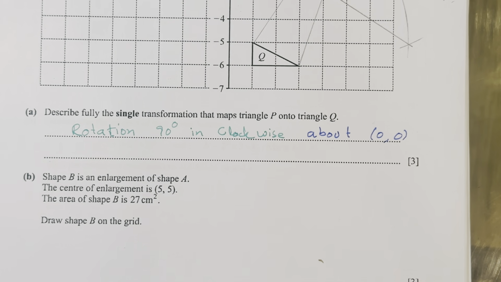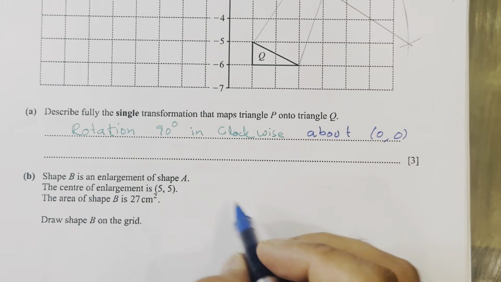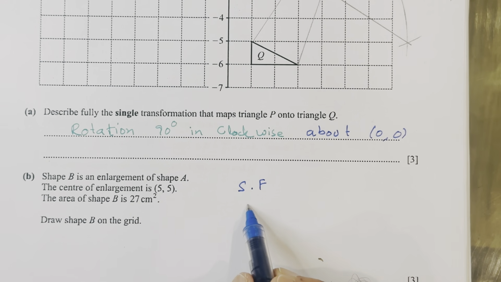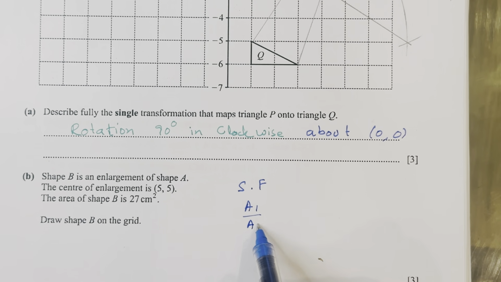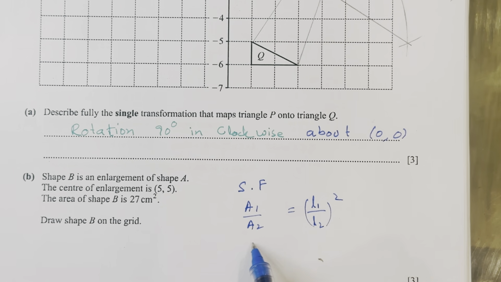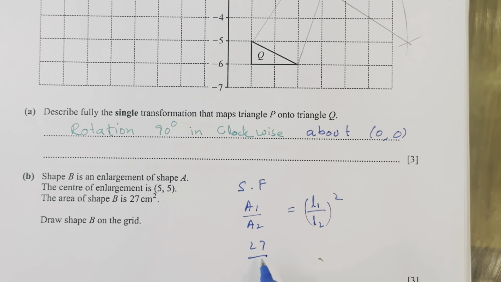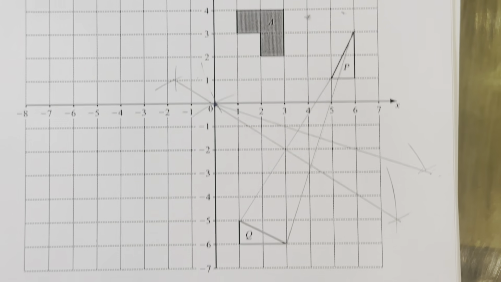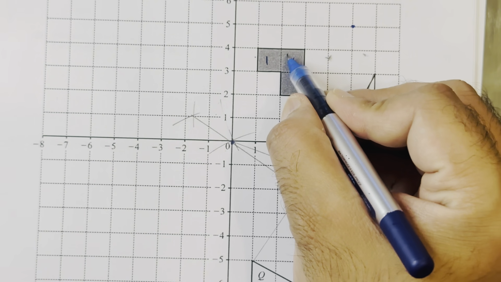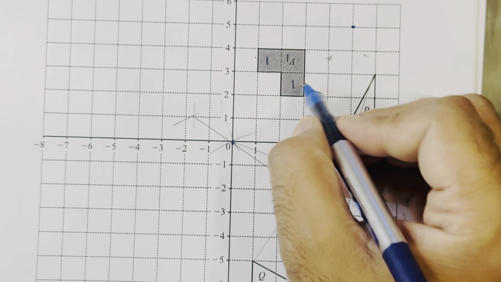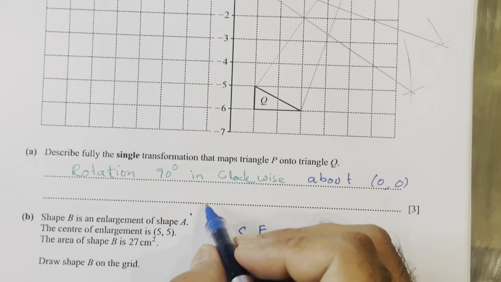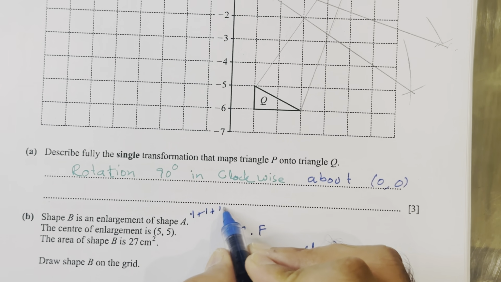So first we need to calculate the scale factor. For calculating scale factor, we're gonna use the concept of similarity. A1 over A2 is equal to L1 over L2 squared. A1 is given, 27. We need to calculate the shape A area. 1 by 1, that is 1. 1 by 1, that is 1. 1 plus 1 plus 1, the area of shape A would be 3.